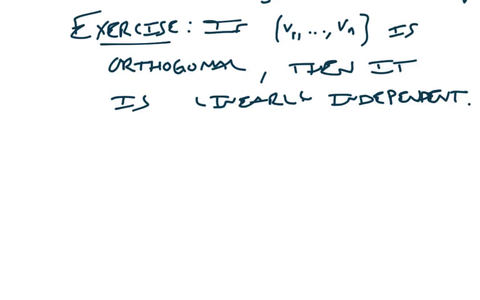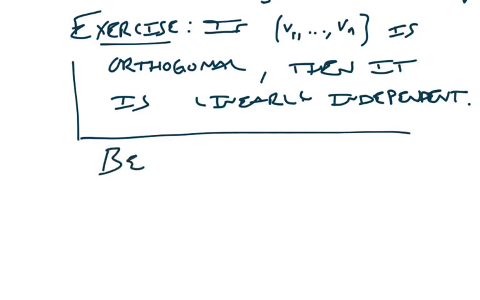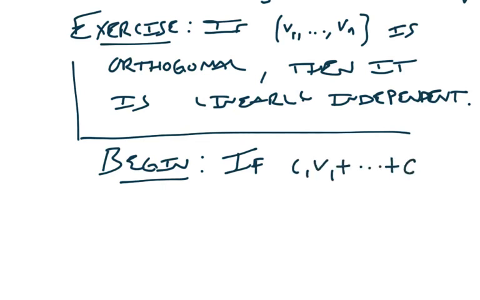And to get you started at the very beginning of how this should go, you would want to begin, since you're trying to show linear independence, by supposing that c1 v1 added up through cn vn is equal to 0.